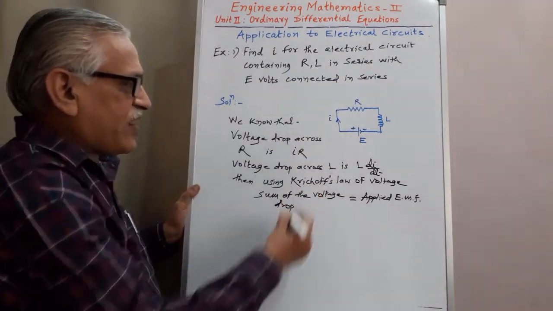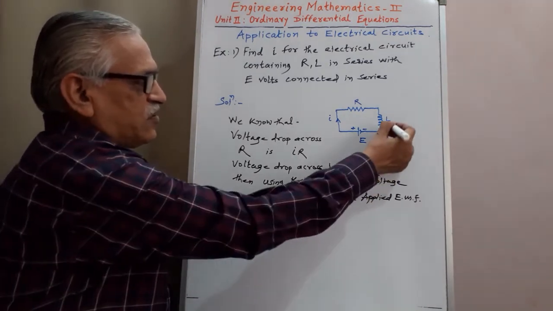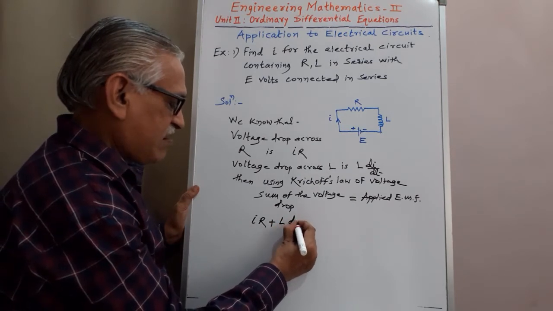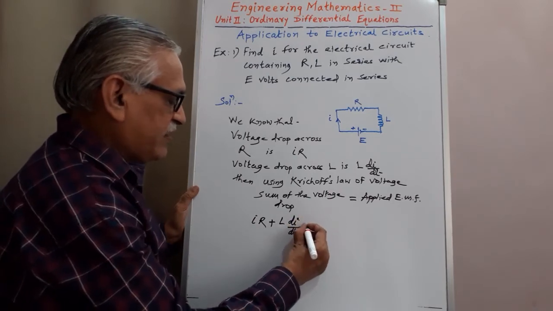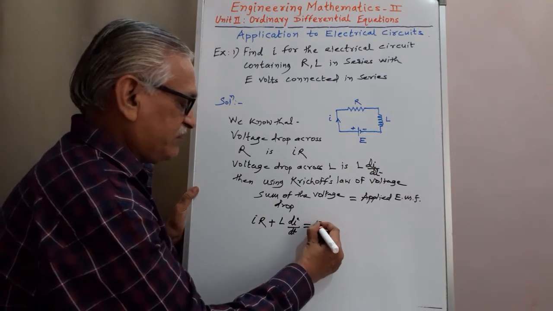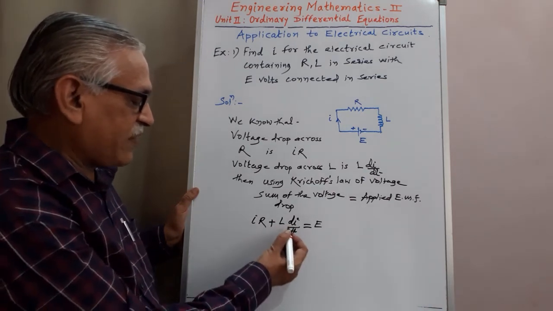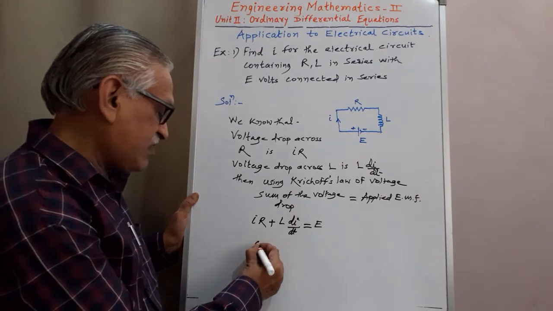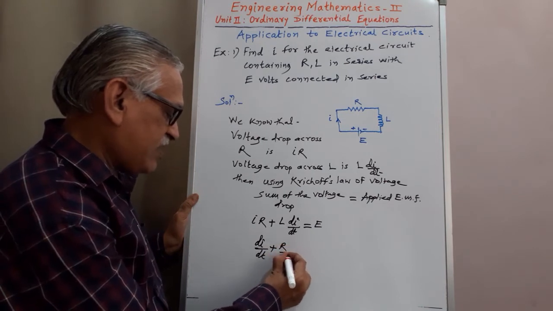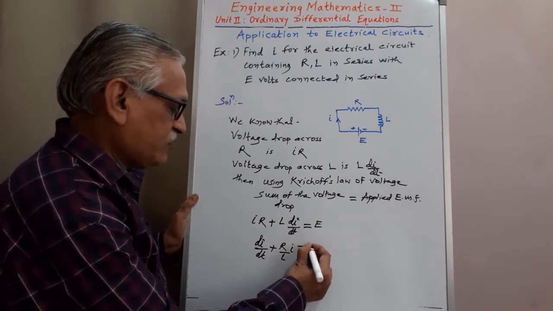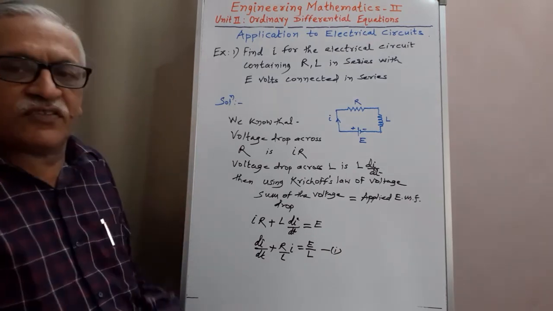Therefore the voltage drop across R, I into R, plus the voltage drop across L, L di by dt, is equal to the applied EMF E. Then dividing throughout by L, we get di by dt plus R by L into I is equal to E by L. We call this equation 1.